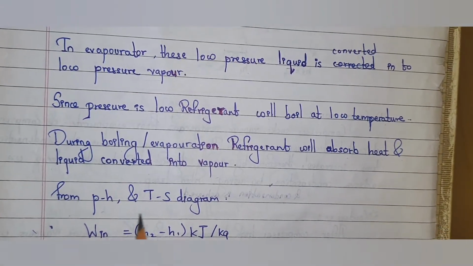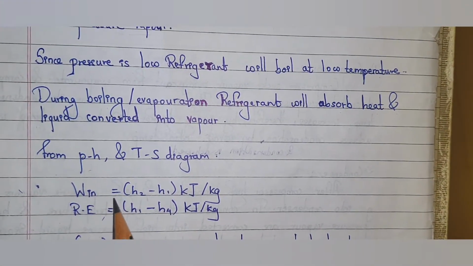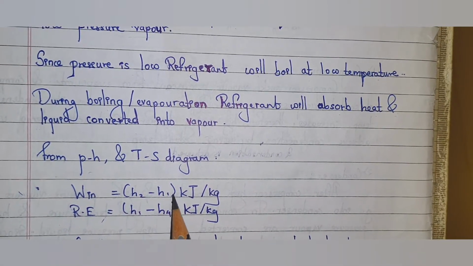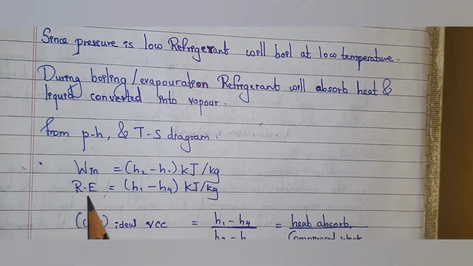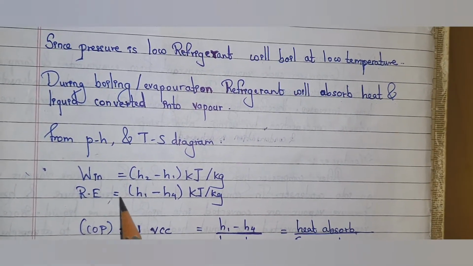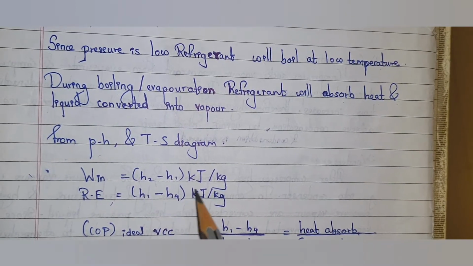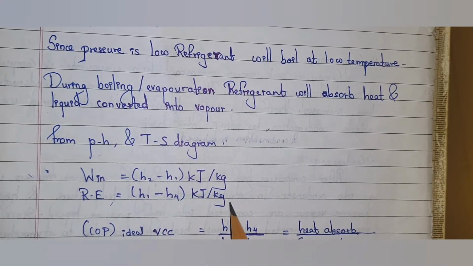So from the pH and TS diagrams, we get work input equal to H2 minus H1, in kilojoules per kg, and refrigerating effect equal to H1 minus H4, in kilojoules per kg.